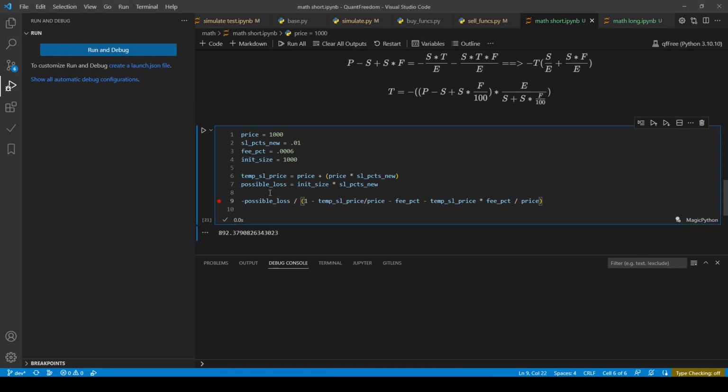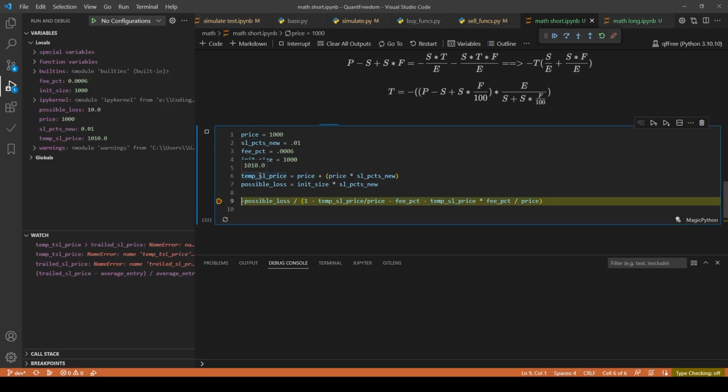Okay, so we figured out the math here. If we have a short position and our temporary price is going to be 1% above our entry price, which is 1,000. The problem that I was running into is that the possible loss is positive 10.